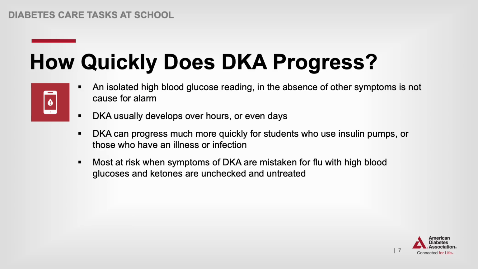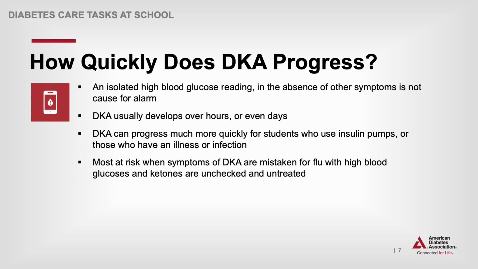Unlike low blood glucose, which can progress very quickly, the progression of untreated high blood glucose to DKA is usually a slow process. An isolated high blood glucose reading in the absence of other symptoms is not cause for alarm. DKA usually develops over hours or even days.